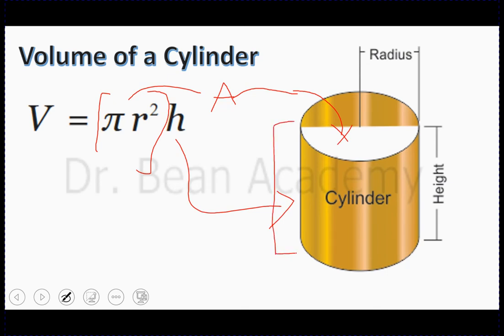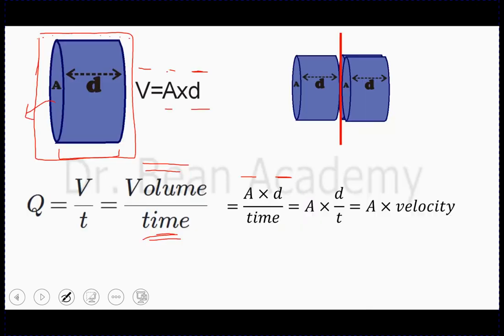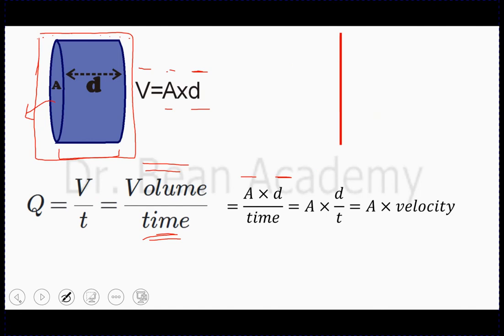So the same is the case in the previous example where we had a volume of water in this shape. Let me go back and tell you that this is actually the height.